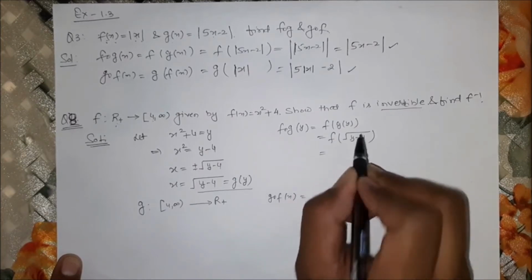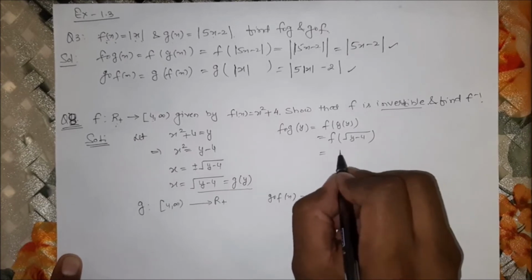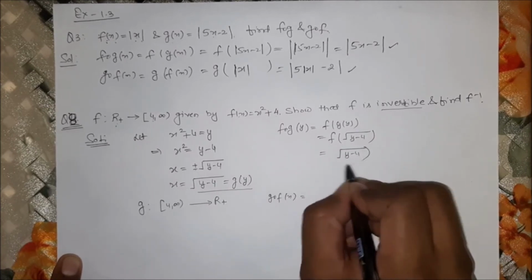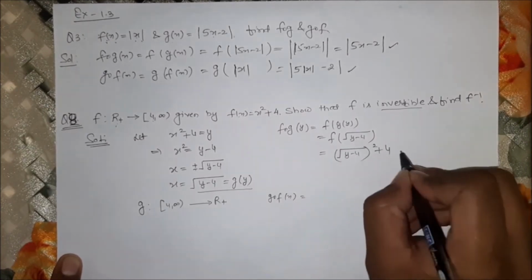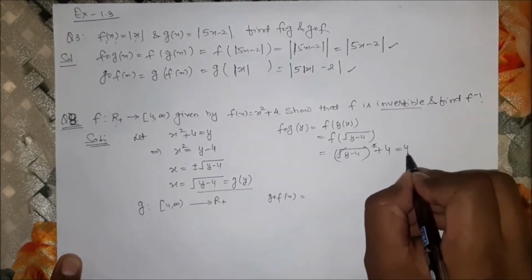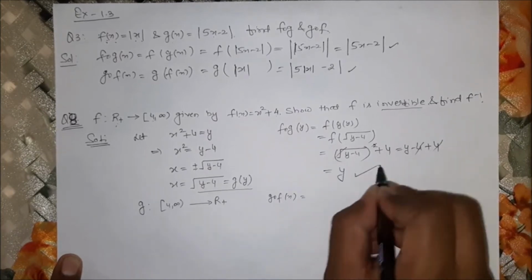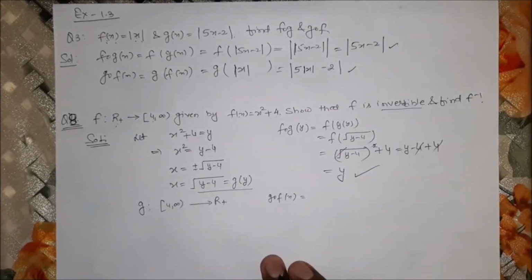And what will f do? F makes the square of that number and adds 4. You will get the square and square root cancelled, y minus 4 plus 4. If you solve it, you will get y, which implies an identity function.